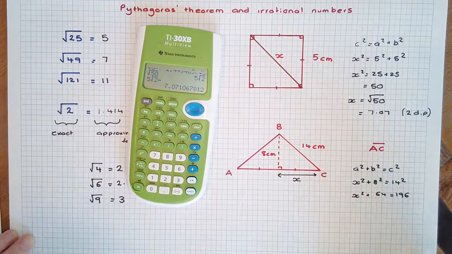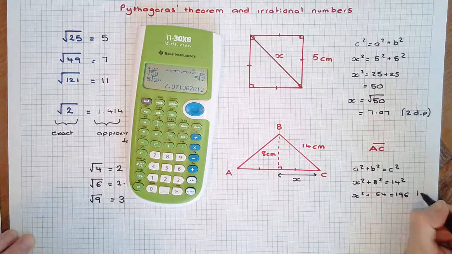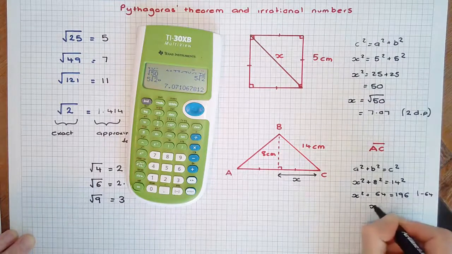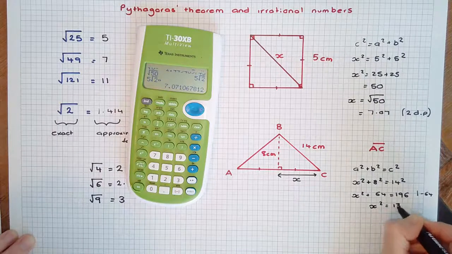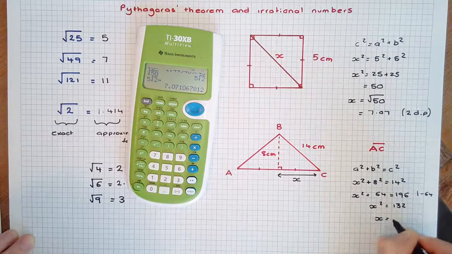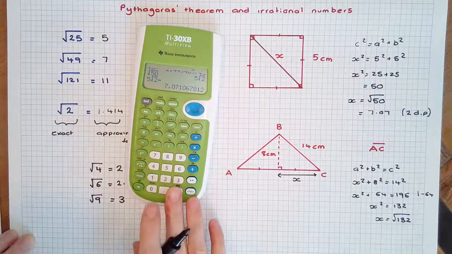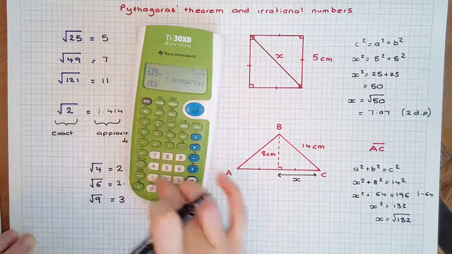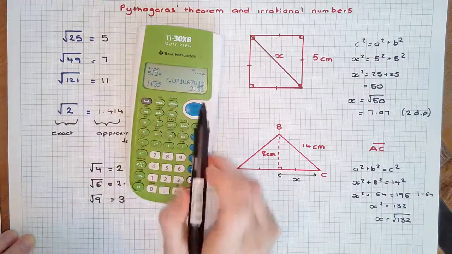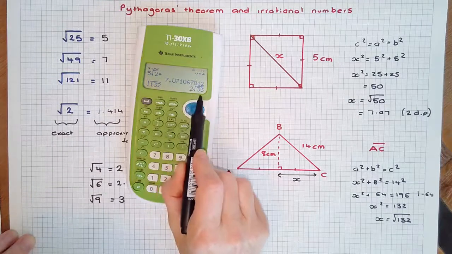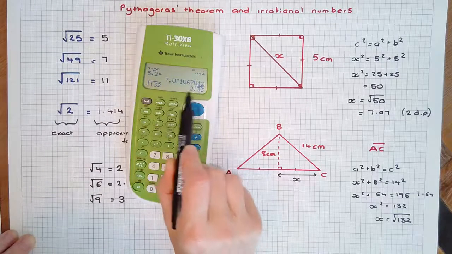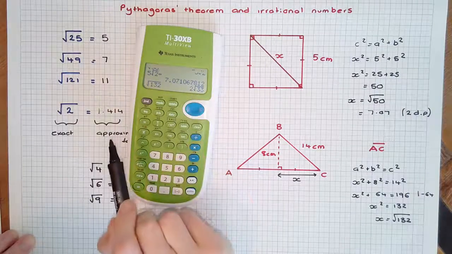Now I need to subtract 64 from each side. x squared equals 132, so x equals the square root of 132. Again, using the calculator, you'll notice that my calculator defaults to exact form in simplified version, or surd, 2 root 33.